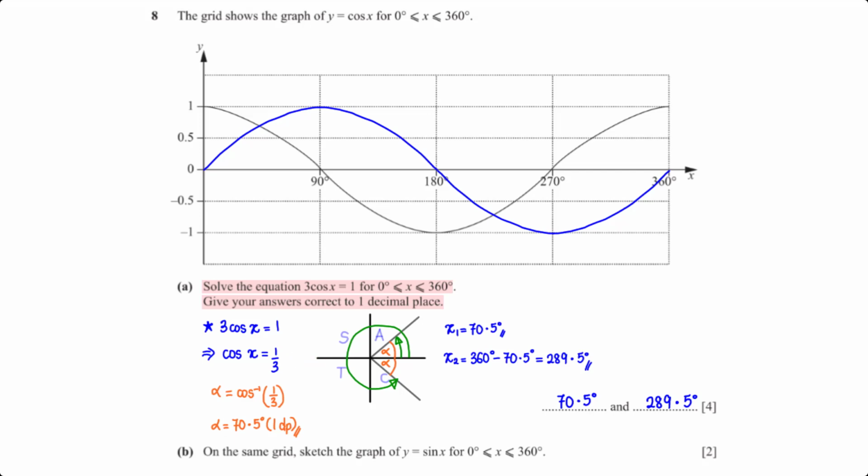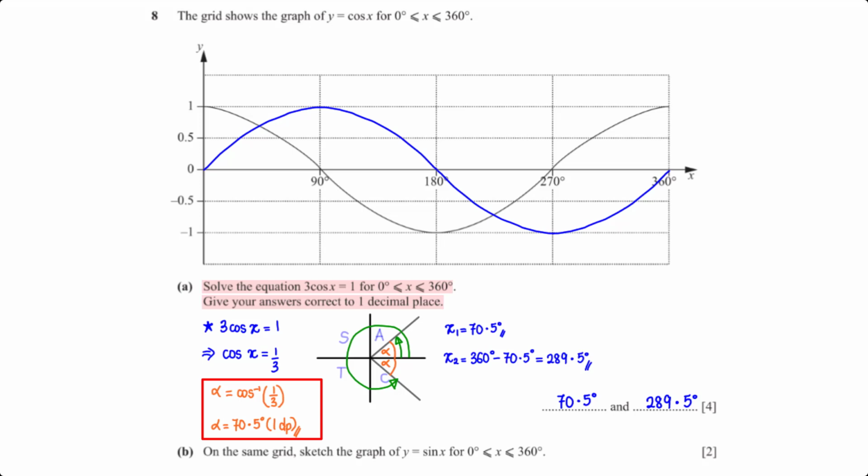Now that we've made cos x the subject, we need to find the value of alpha, the reference angle that will allow us to find all the possible values for x in the given range. We find alpha by taking cos inverse of the positive value of 1 over 3.